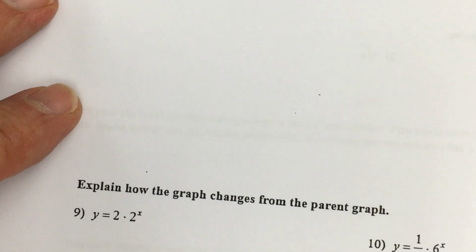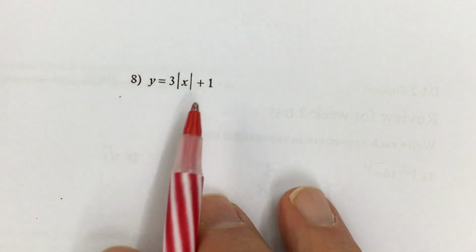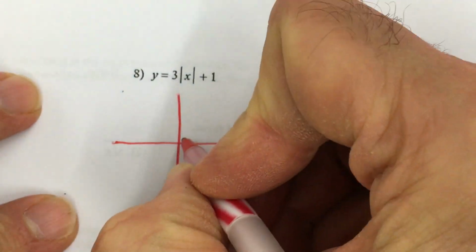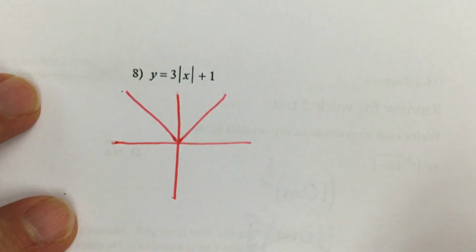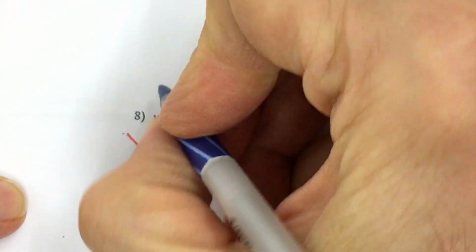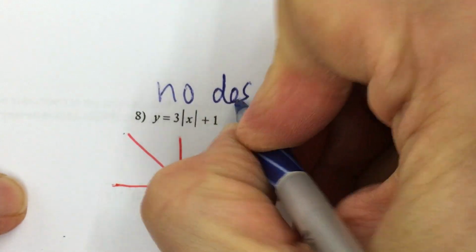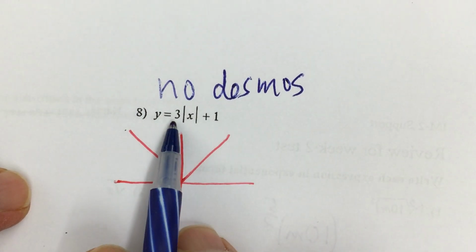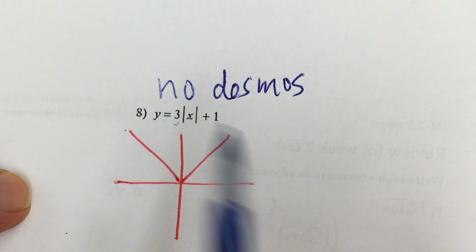Graph another one. I will do this one here. I know this is my basic form. I'm expecting you to do this without Desmos. So, no Desmos. You got that? This says the slope goes to 3.